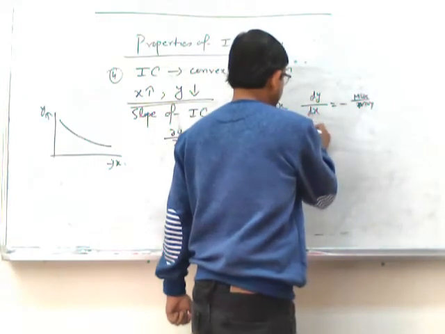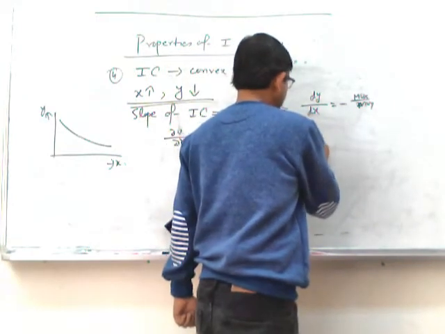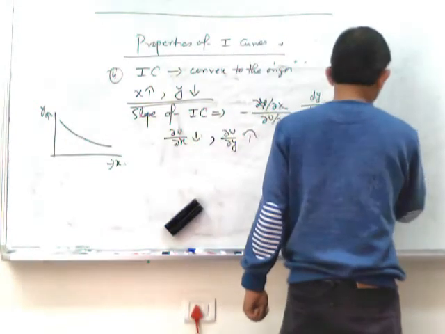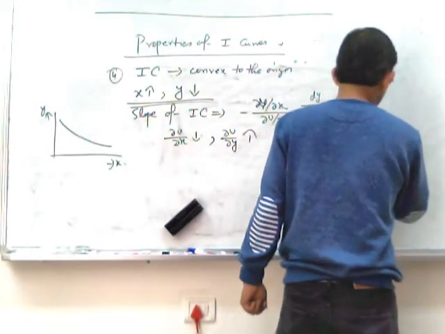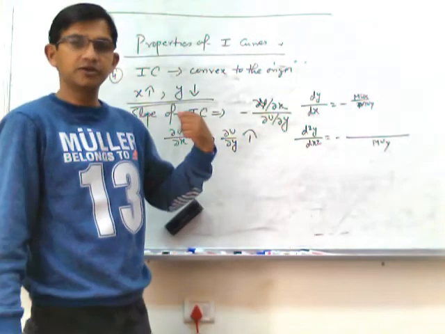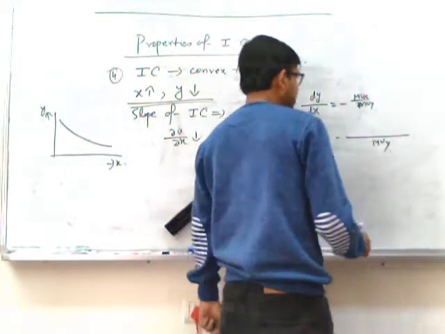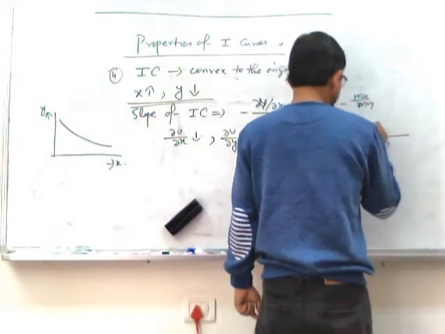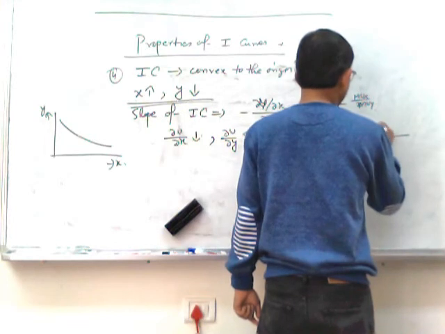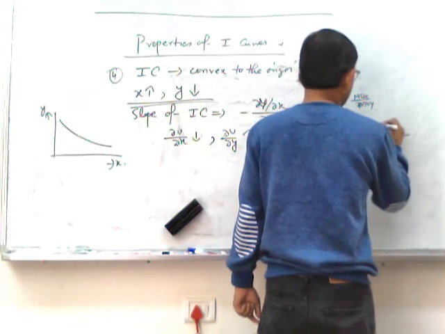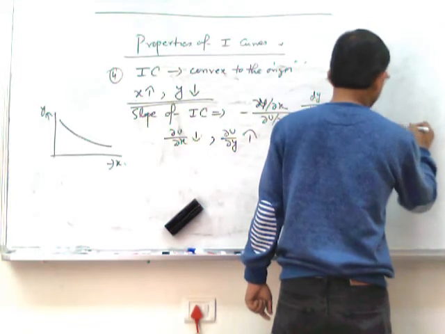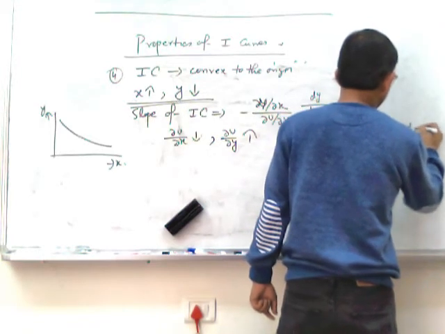That d2y dx2 equals minus of mu y, and if we solve it by the u by v process of differentiation, what we will see? That mu y into d dx of mu x minus mu x into d dx of mu y.